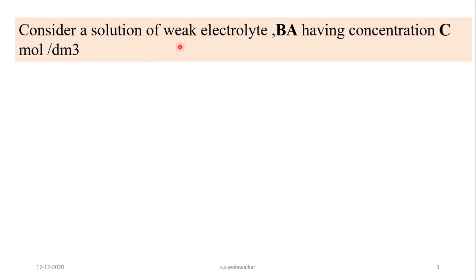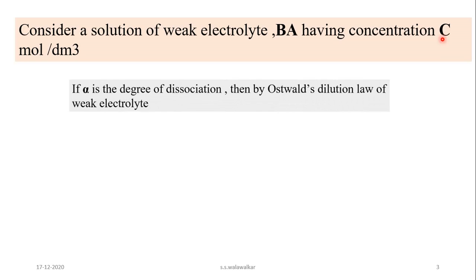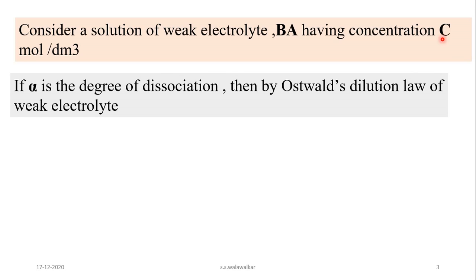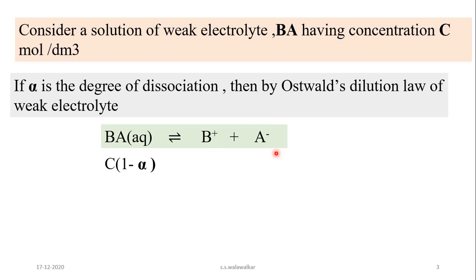So consider here a solution of weak electrolyte, BA, and it has a concentration C moles per decimeter cube. And alpha is the degree of dissociation. Then by applying the Ostwald dilution law, we get BA in aqueous medium gives you B+ ions in aqueous medium plus A- ions in aqueous medium. This is the dissociation reaction at equilibrium. Therefore, the concentration of BA, B+ ions and A- ions at equilibrium is: C into 1 minus alpha for BA.